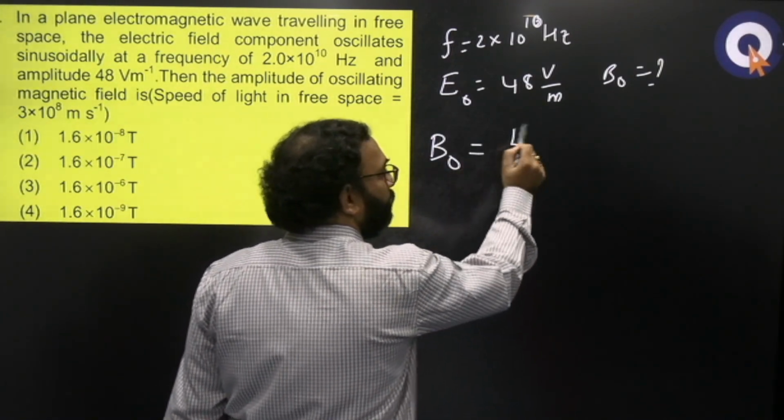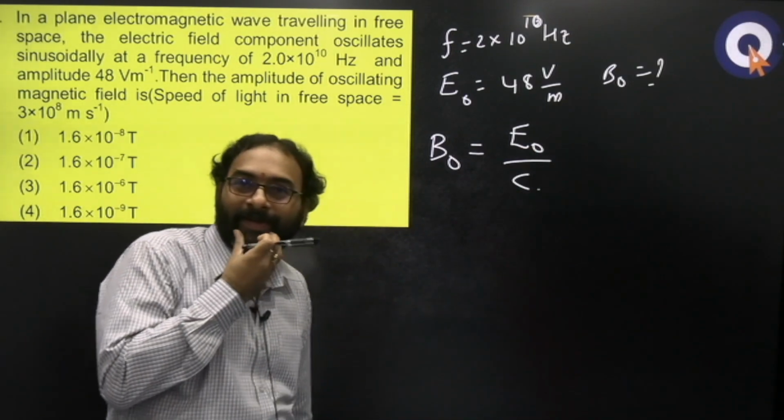B naught equal to E naught by C. What is this actually?